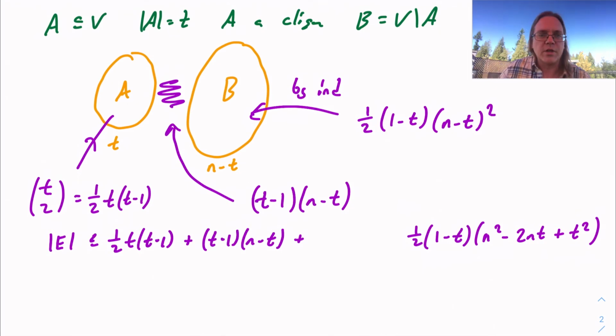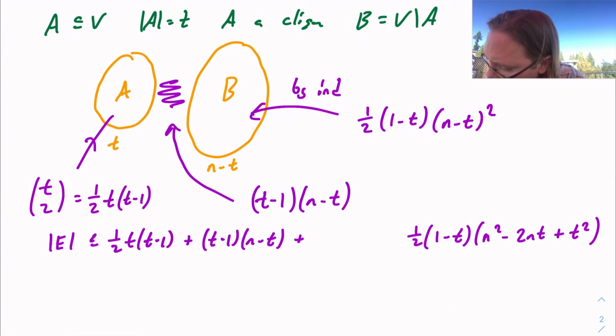Split this up. All I've done right now is written down our bound, right? We found upper bounds on the number of edges of those three types. I'm just going to take this t minus 1 times n minus t and expand it. So I want to write this as t minus 1 times n and t minus 1 times minus t.